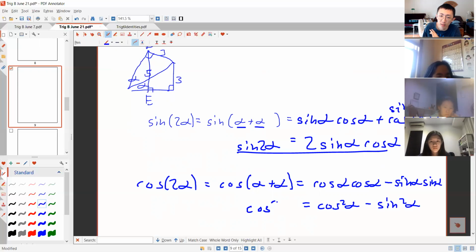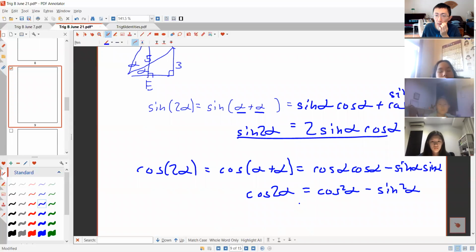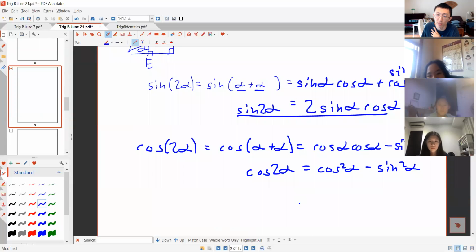This is the cosine double angle formula. Again, if you know the addition formulas really well, you don't have to memorize this and you can figure it out in about 10 to 20 seconds if you need to. If you want to memorize it, that's great too, that's probably useful. But the more important thing is, can you rederive it? If you know the addition formulas for sine and cosine, you can figure both of these out.